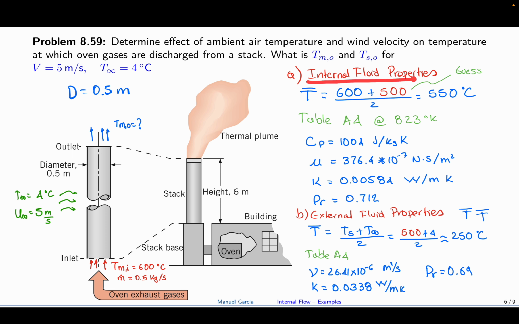For the internal, we need to find the properties of the gases, in this case air. So we have to find the average of the mean temperature. We start with 600, which is the temperature at the inlet.